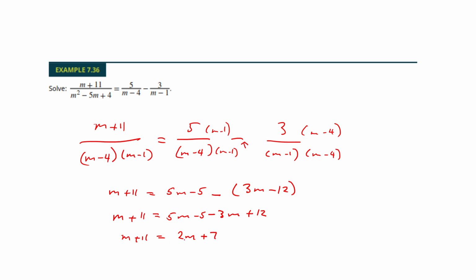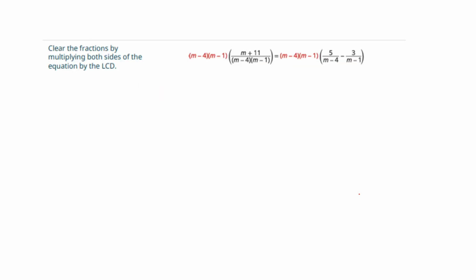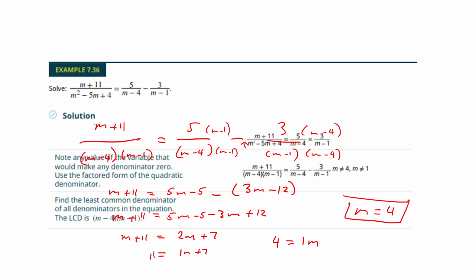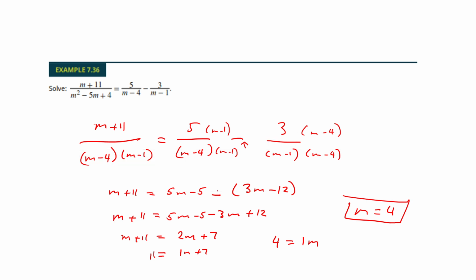I'm going to swing this m this way and get 1m plus 7 equals 11. I'm going to subtract that 7. So 1m is just m, and we have m is 4. Oh, I forgot to check my restrictions. Oh yeah, so this one, we finally got to there. M is 4.